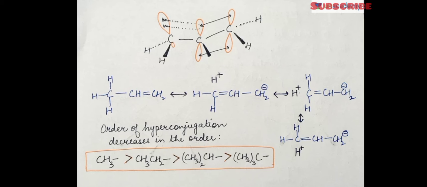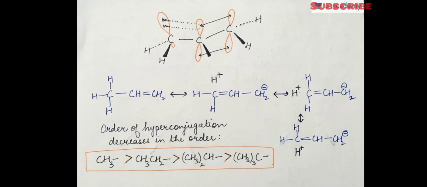From these structures you can see that hyperconjugation occurs through the hydrogen atoms that are present on the carbon atom next to the double bond. Now, the more the number of such sigma hydrogen atoms, the more would be the number of hyperconjugative structures.